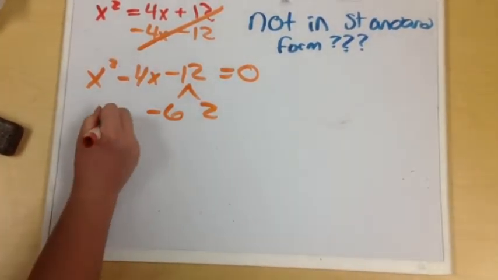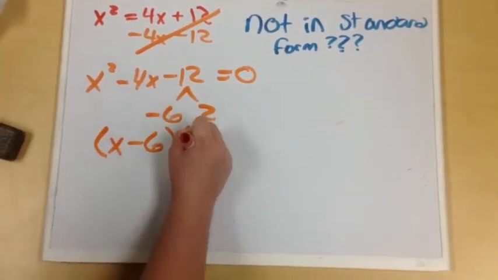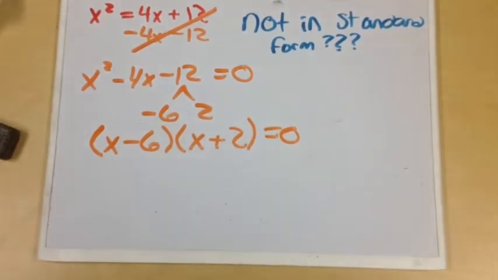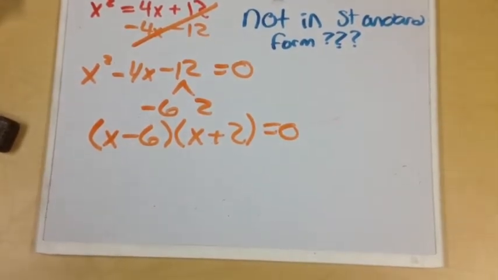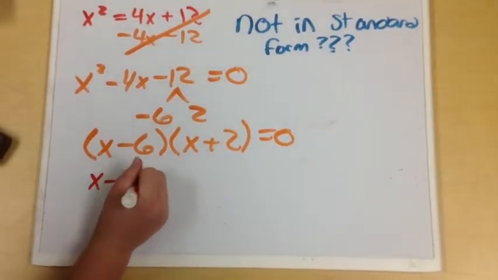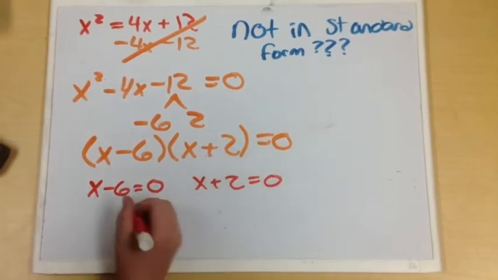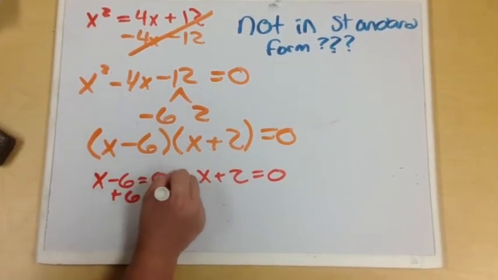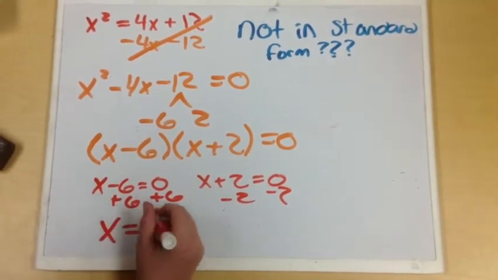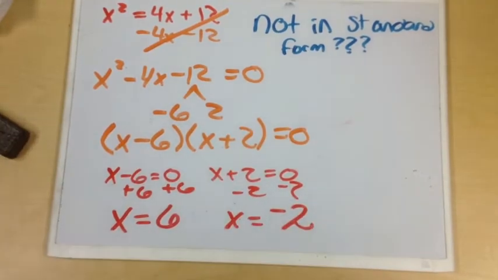Plug it into the binomials. And set that equal to 0. Since each one on its own would equal 0, solve each of the binomials on their own set equal to 0. Leaving you with x equals 6 and x equals negative 2.